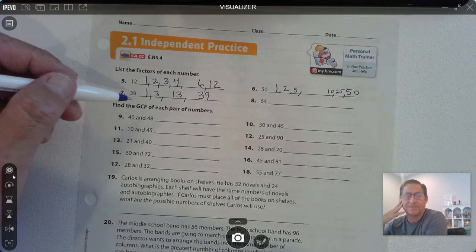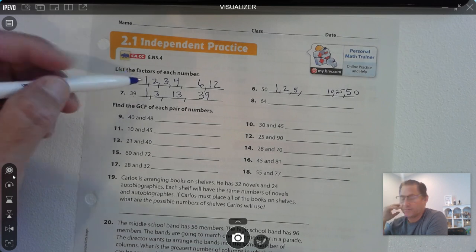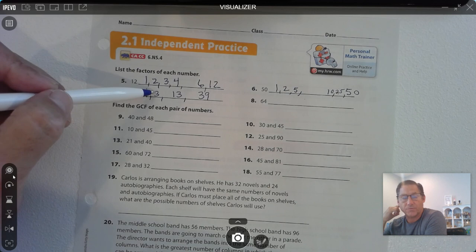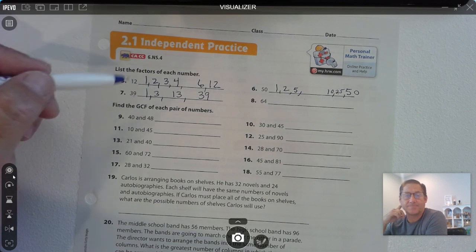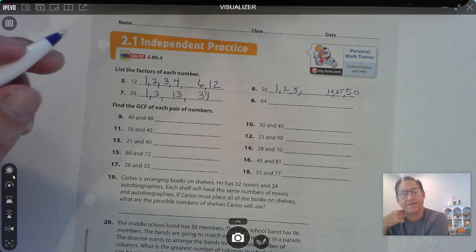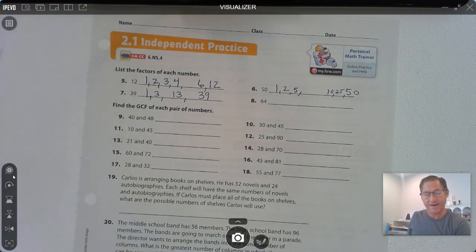It doesn't end in a 0 or 5. 6 will not work. For 6 to be a factor of 39, it also has to be divisible by 2 and 3. 7, 8, and 9 are not factors of 39. Okay, so we only have 4 factors of 39.